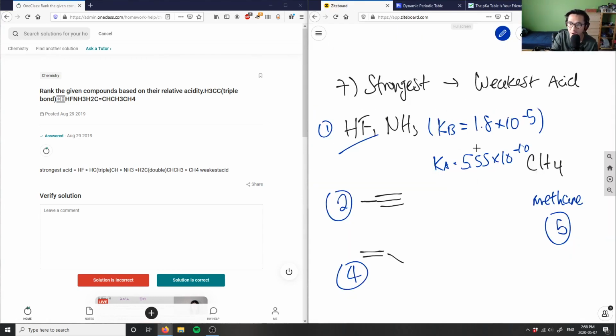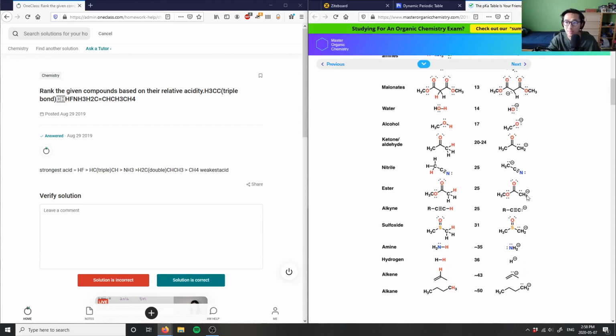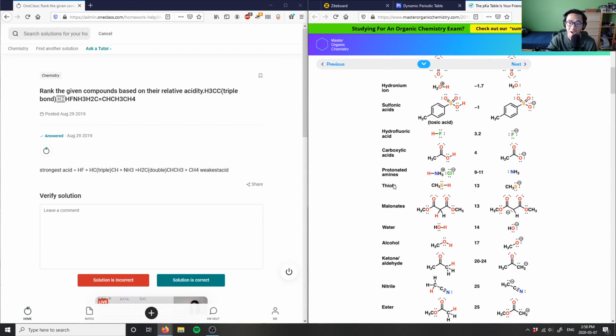I can take the negative log of this number here. And let me just show you what I'm going to get. A pKa here of about 9.26. So again, if you look at our chart here, 9.26 is about the protonated amines here.